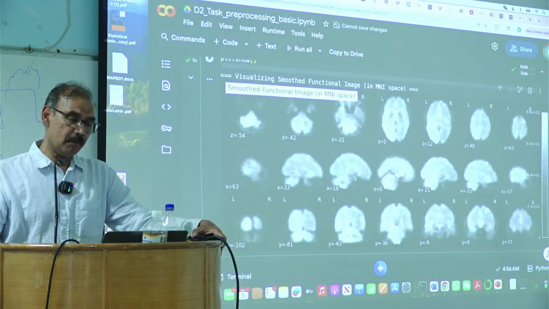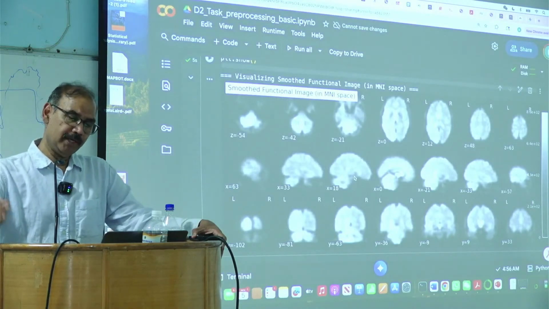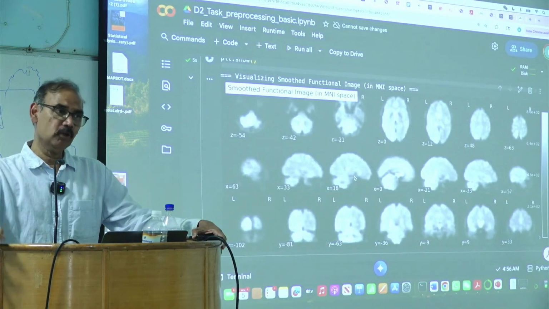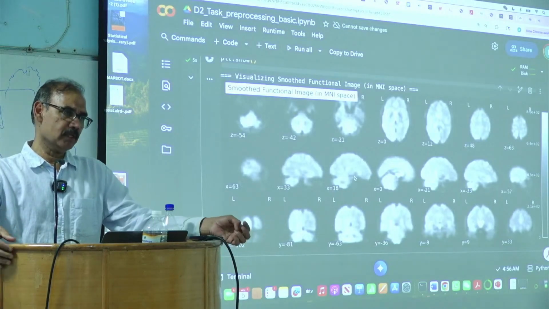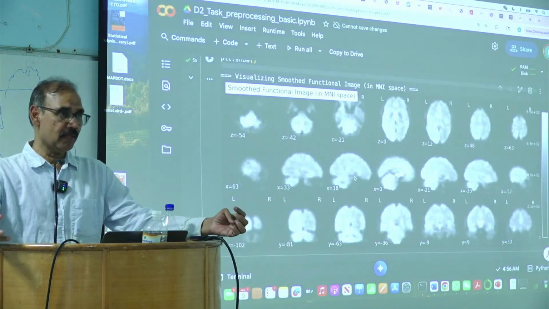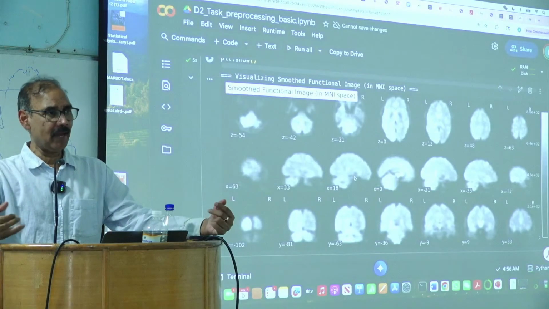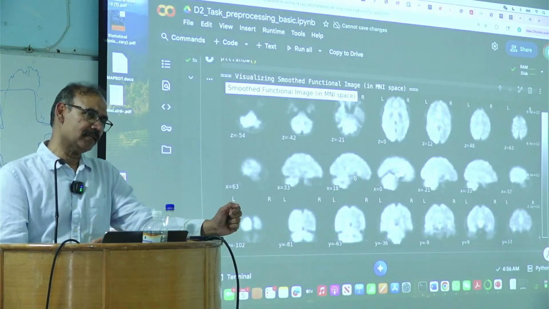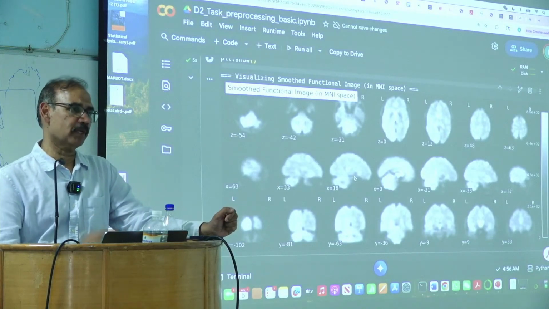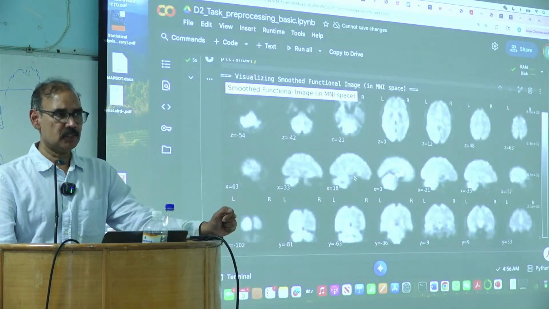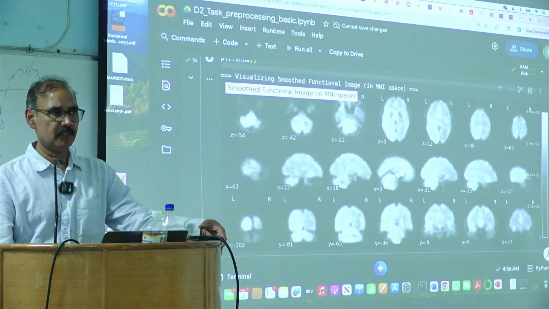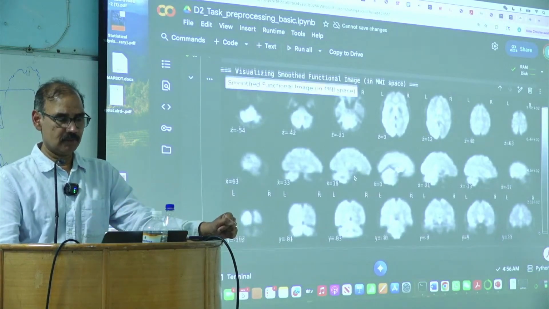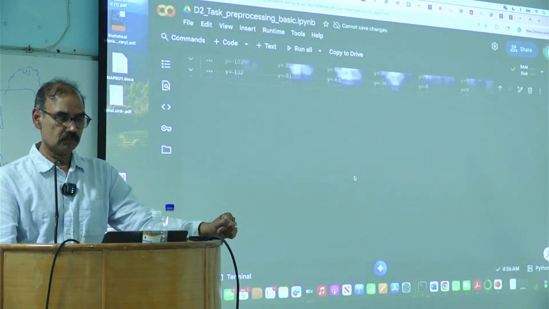If your data was collected at, let's say, just as an example, 2 by 2 by 2, and then you use a spatial smoothing of 6 millimeter, the resulting data may have more signal to noise ratio, but you cannot say that the spatial resolution is 2 by 2 by 2 because you have used 6 millimeter smoothing. So you lose spatial resolution.